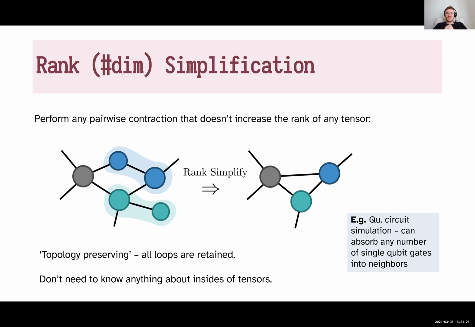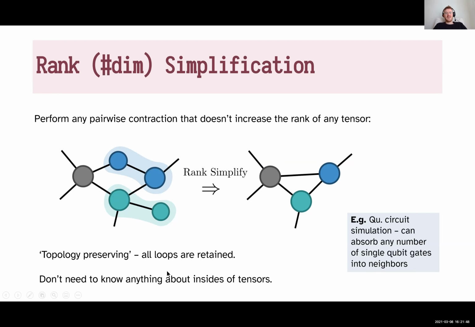And this is basically a kind of topology preserving simplification. All loops remain. You just get rid of all of these dangly bits. It's slightly more complicated than that with hyperindices, but to first order, that's essentially what you're doing.